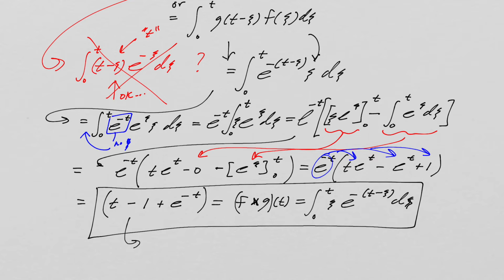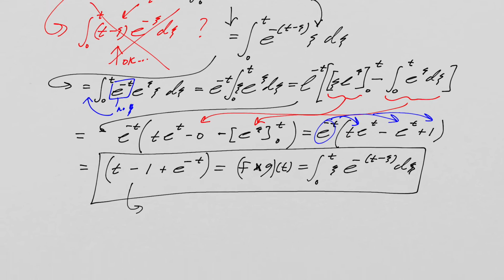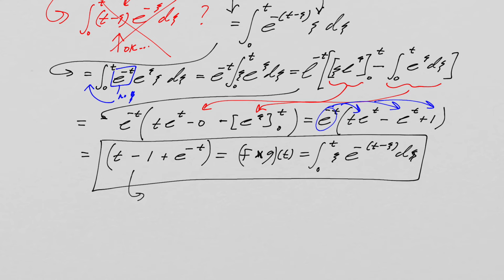This function, of course, we could maybe play around with, what the graph of this looks like, just to sort of see what it looks like. So f star g, what does it look like? So we're going to look, of course, at time going forward here. We're going to start at 0. And when we're at 0, what we're going to start at is 0, of course, at t equals 0.